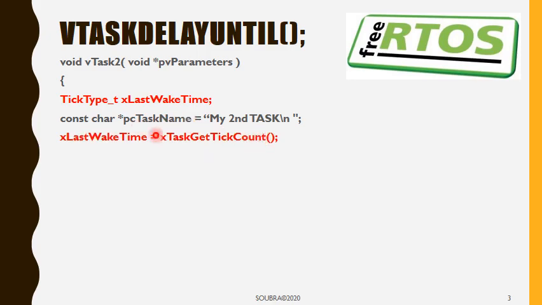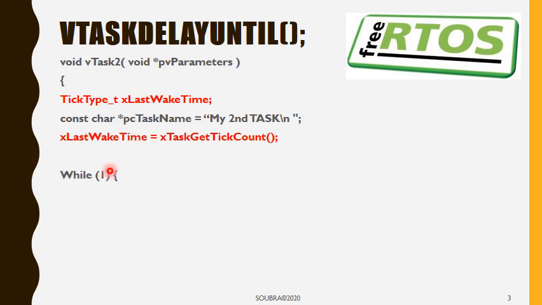And you can notice what I'm doing here is, the first ever time, I'm giving an initial value for my timestamp here. I'm using the system call task get tick count, and this is a time reference from the OS point of view for my very first initial value for my timestamp.